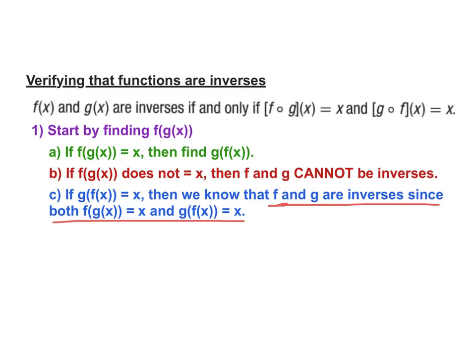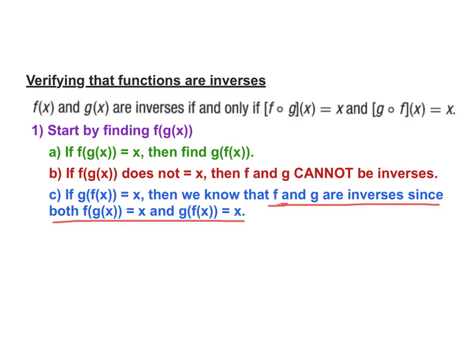So you're going to have to show your work for f of g of x, you're going to have to show your work for g of f of x, and then you're going to have a statement at the end, a conclusion, stating why f and g are inverses. Okay, so that's really important. I underline that. Make sure you write it down and sort of commit it to memory, because that's the explanation that I want.